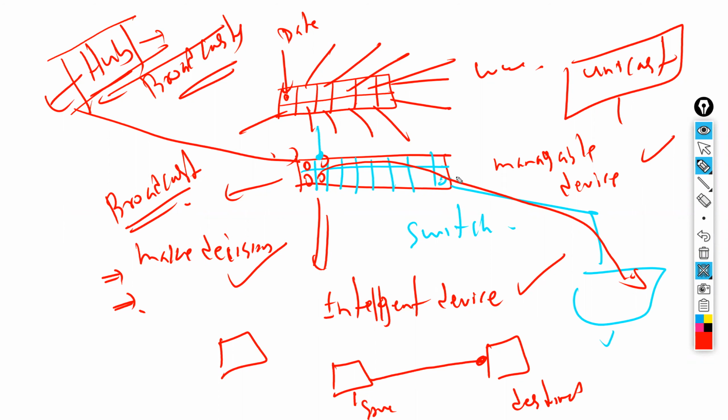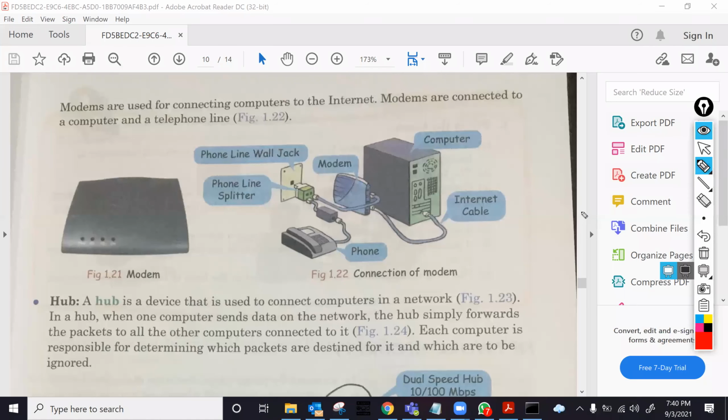Got it? I think you are clear now. This is a very good point, because normally students don't know what a hub is, how it works, and why we say it's not intelligent.